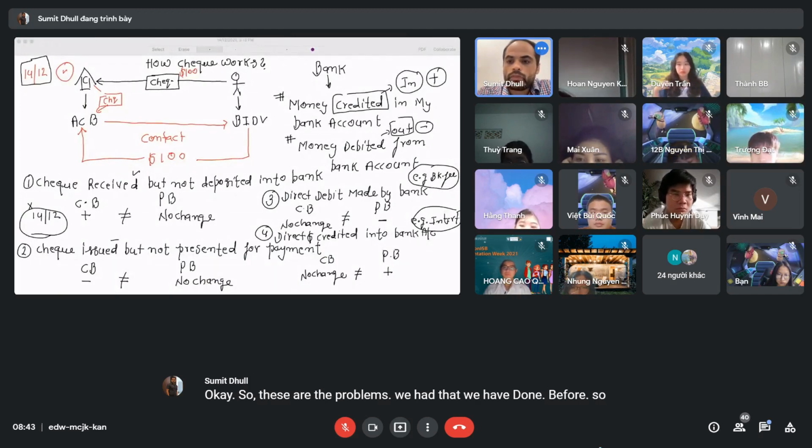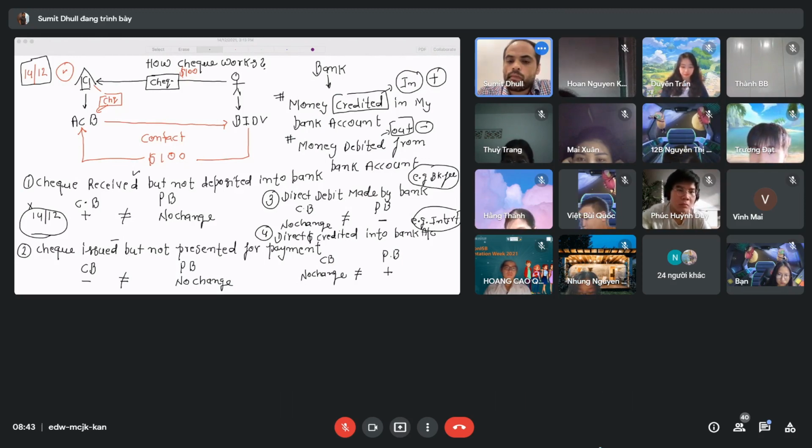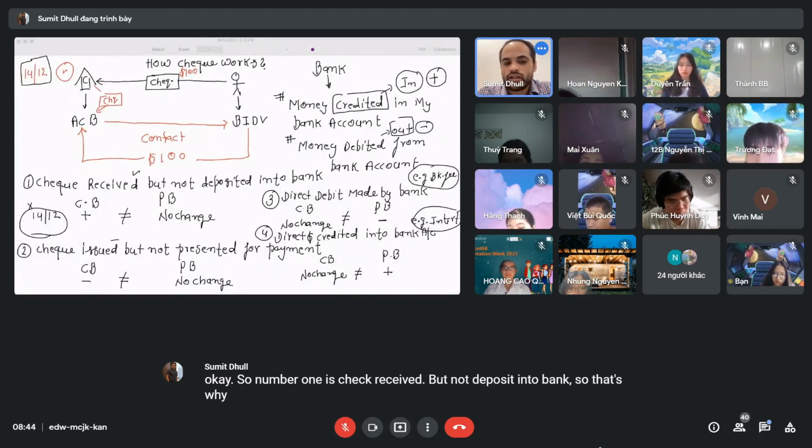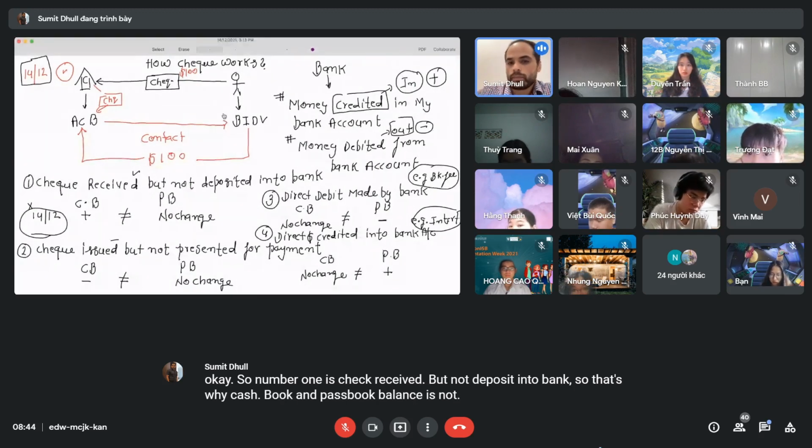So now, okay. So number one is check received but not deposited into bank. So that's why cash book and passbook balance is not equal.